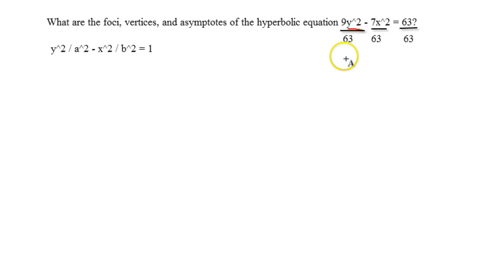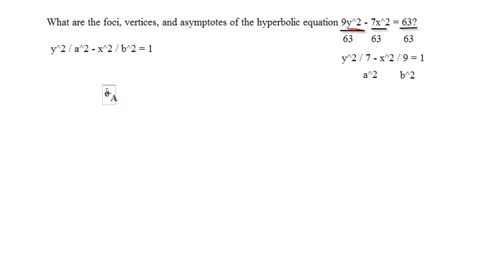My fractions are going to look like this: y squared divided by 7 minus x squared divided by 9 equals 1. The number under the y is definitely going to be a, so this is a squared. And yes, that is a 7, so we're going to be dealing with some funky stuff.